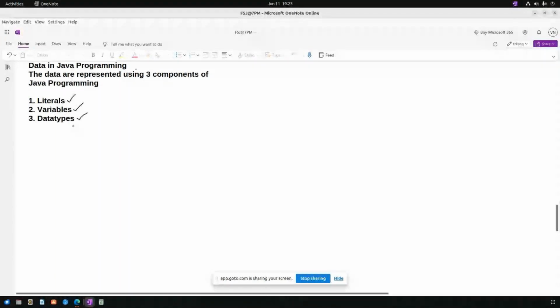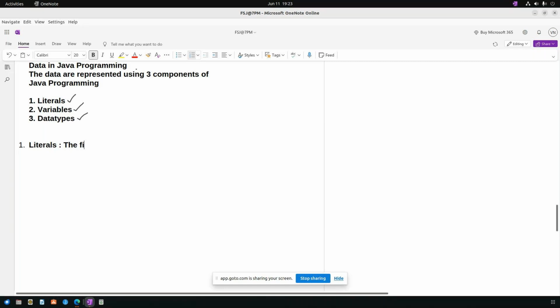Whenever I am talking about literals, literals are nothing but the fixed values of the program. So what are literals here?